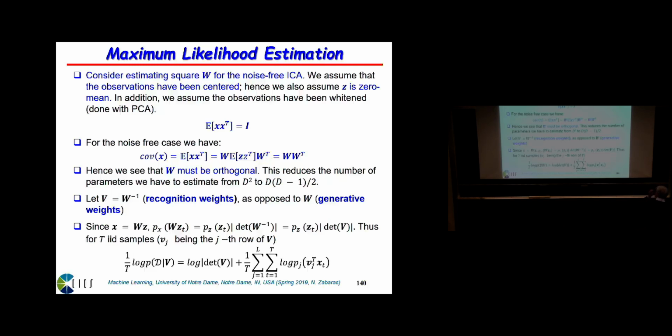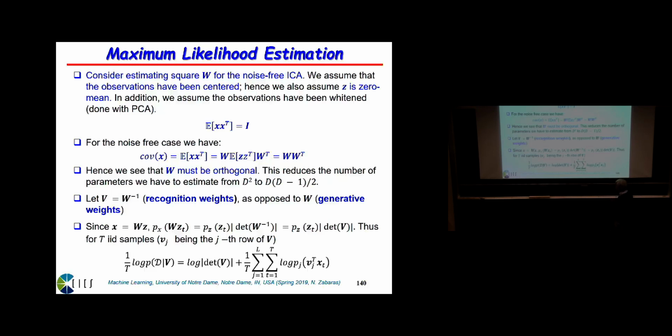Okay. I'm going to jump directly to one of the techniques that will allow us to compute W. In particular, I'm going to compute the inverse of W, which I call matrix V. So the transformation is X equals W times Z.